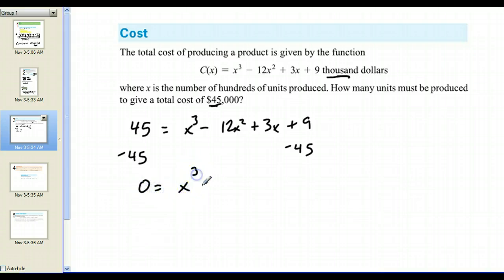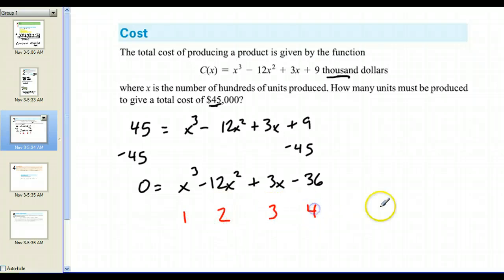So we get x cubed minus 12x squared plus 3x minus 36. Alright, now when we have 4 terms like this, 1, 2, 3, 4, when we have 4 terms, that means we use grouping to factor.